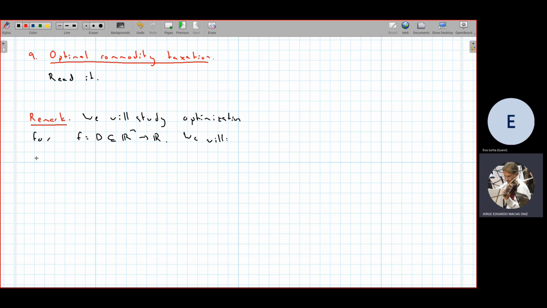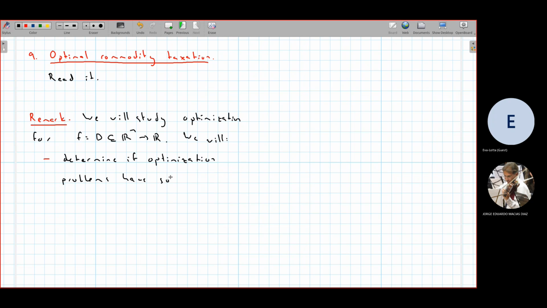So in this course, sometimes we would like to know if the optimization problem has a solution. In the case that it has a solution, the question is, are solutions unique?